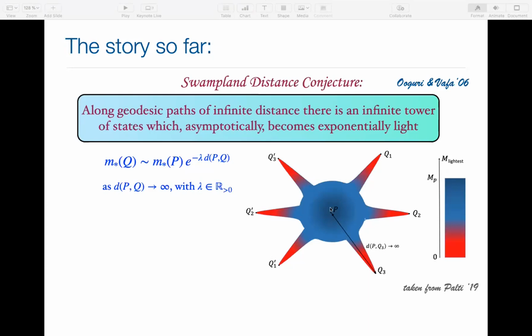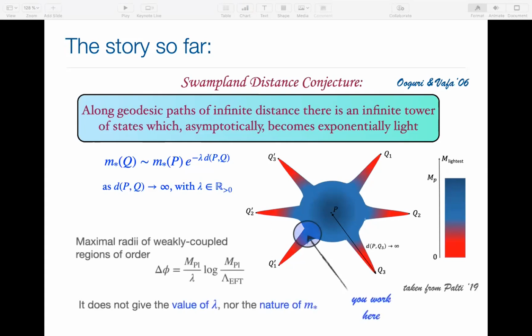So as I was saying, the story starts with the Swampland distance conjecture. You have already seen about it in the presentation of Timo and Daniel. This is a conjecture that was proposed based on some examples that we saw in string compactifications, but that has managed to capture a lot of very important physics that we see when we do string theory, in very complicated setups.